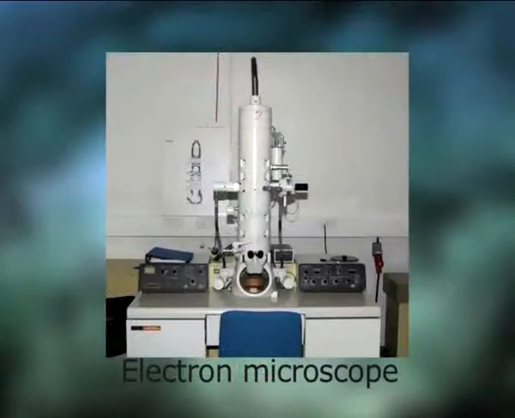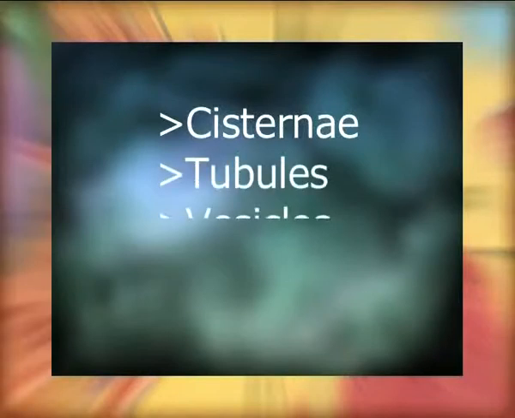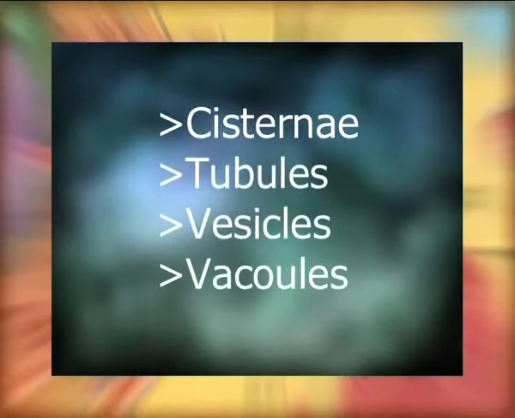The controversy was finally solved in the mid-1950s by studies based on electron microscopy. The Golgi possesses 4 types of components, that is cisternae, tubules, vesicles and vacuoles.